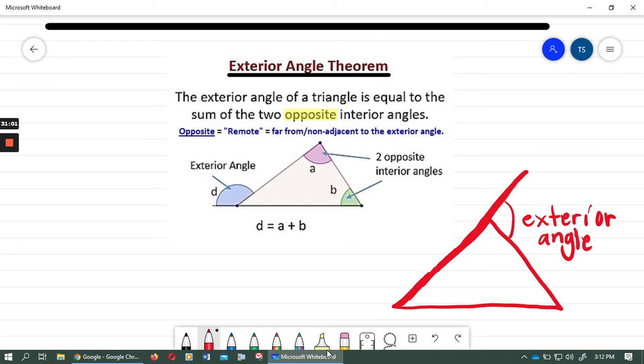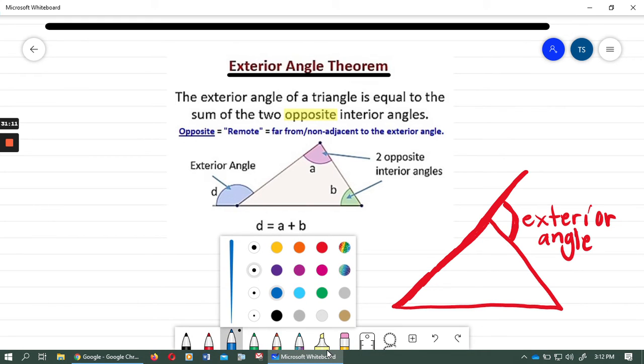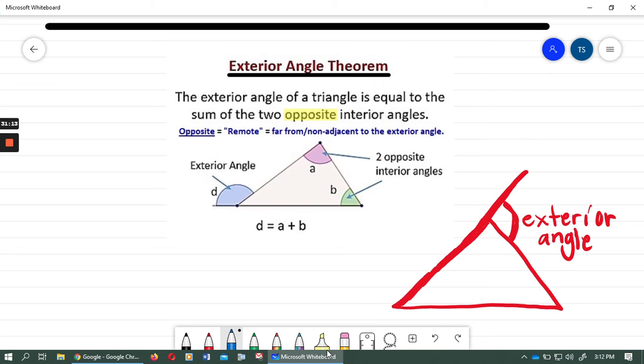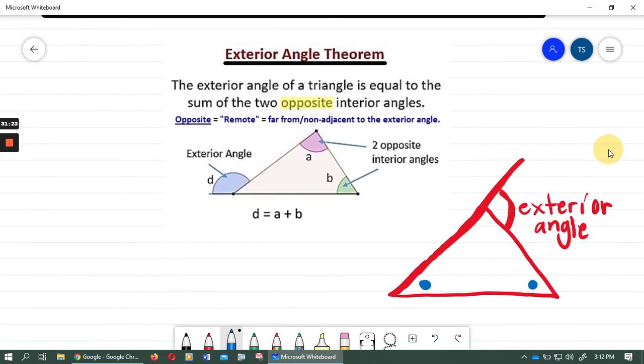So if this was the extended side that formed this exterior angle, then the two interior angles that would be considered your two opposite interior angles, or your two remote interior angles, would be these two angles right here. These two interior angles would be the two angles that are the farthest from, or that are non-adjacent to this exterior angle.